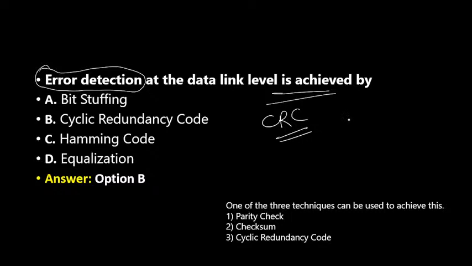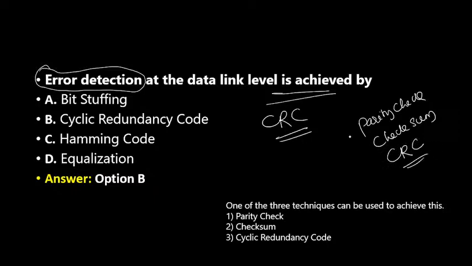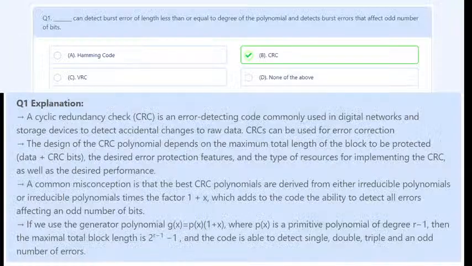There are 3 techniques that can be used for error detection: parity check, checksum, and CRC, cyclic redundancy code. These are the 3 techniques of error detection at the data link level.